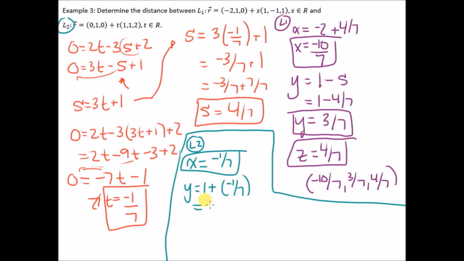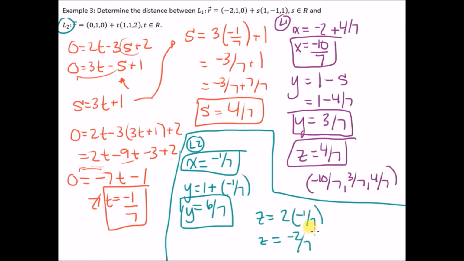So 7 over 7 minus 1 over 7, I get 6 over 7. And for z, I get 0 plus 2t, so for z, I get negative 2 over 7. Okay, so for this one, I get the point negative 1 over 7, 6 over 7, negative 2 over 7. So we have the two points that are closest on those two lines.